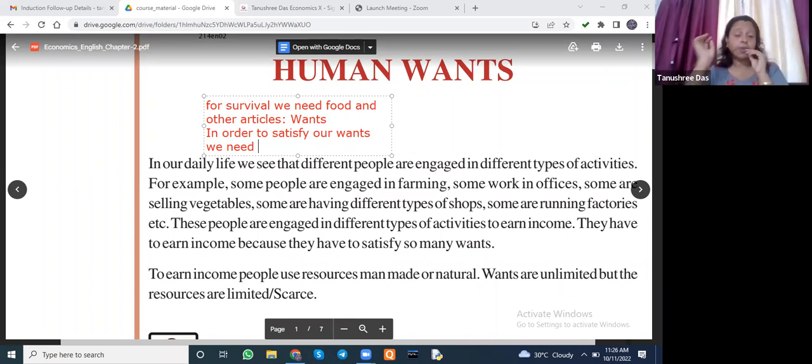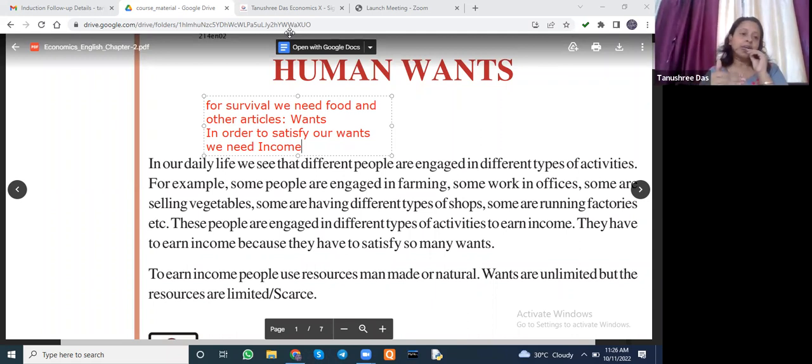Okay. So first point is for survival we need food and other articles, which is referred as wants. And second point is in order to satisfy our wants we need income. So this wants and income can further be categorized by two things.